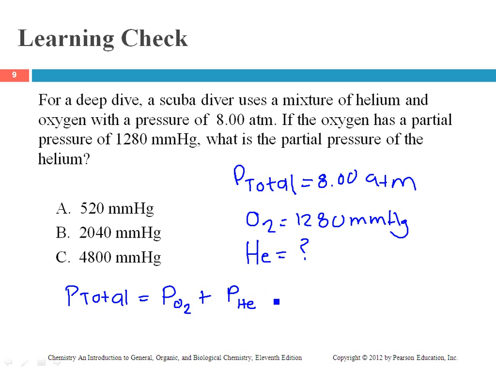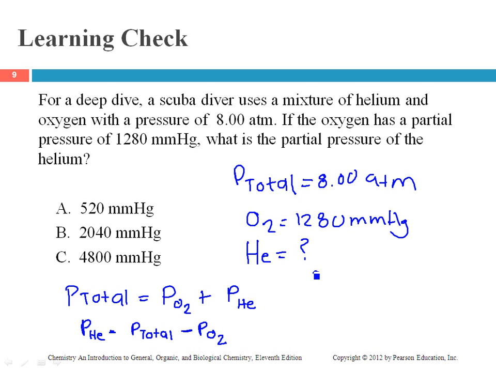If we isolate the helium by itself, it's going to be P total minus the partial pressure of oxygen.